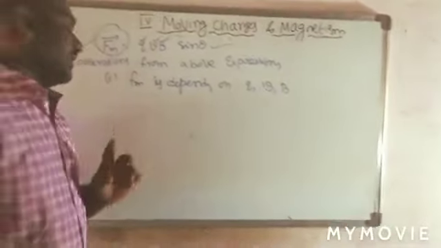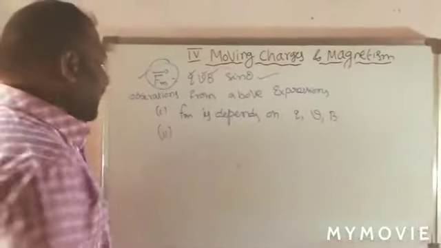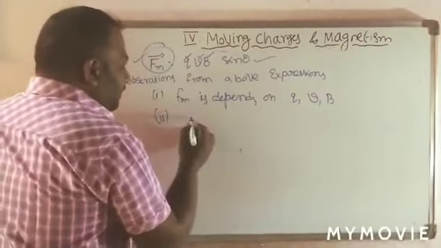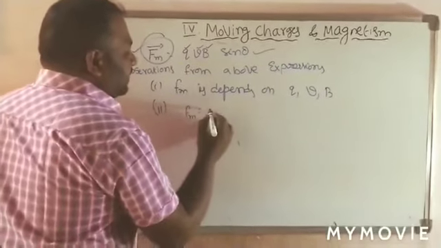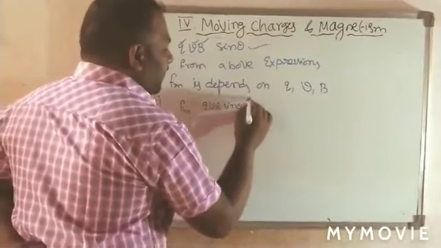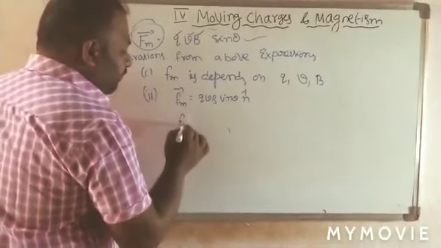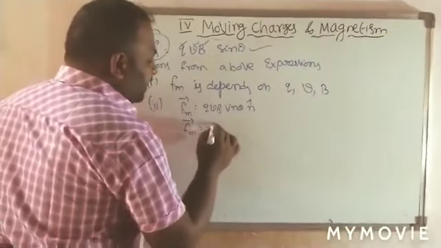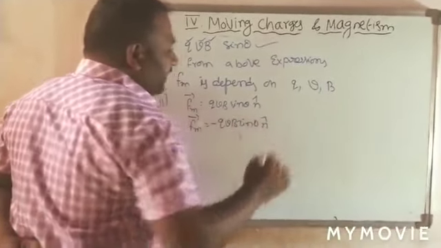And the second observation is, here you know the magnetic force on a positive charge is QVB sin theta in the n cap direction. In a similar way, the magnetic force on a negative charge is minus QVB sin theta n cap.